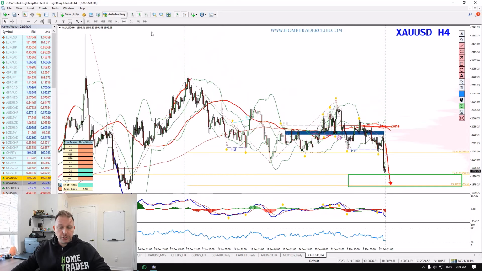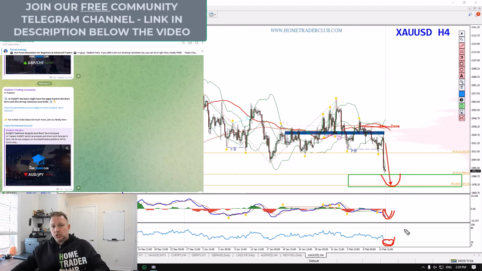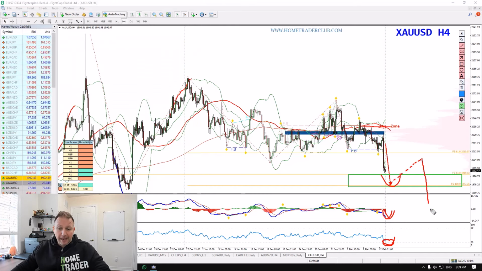And the biggest question remains: okay, what's next? This is the first target zone which we are approaching right now, but at the moment there are no signs against. We could start to pay attention to these potential extreme lows and oversold conditions on the 4-hour chart of gold, which very likely would get some bounce.